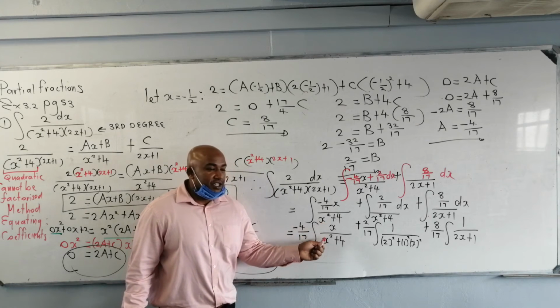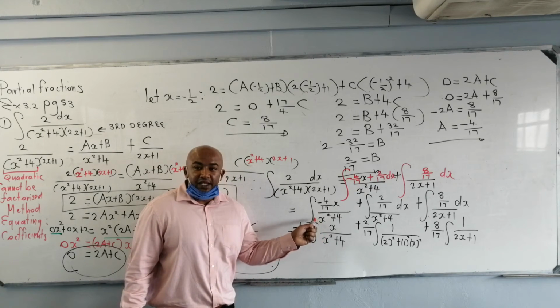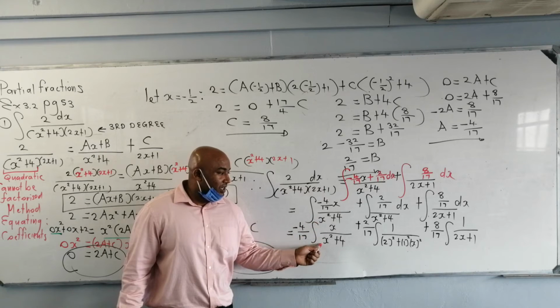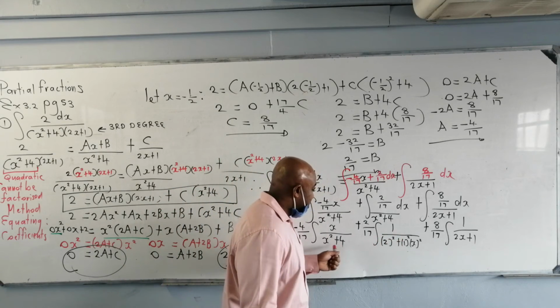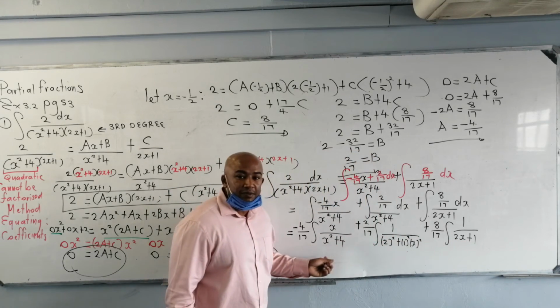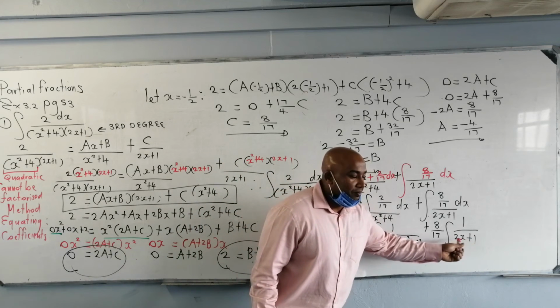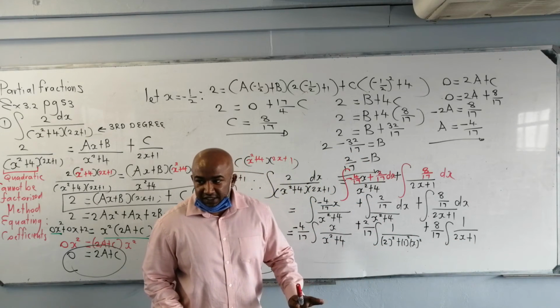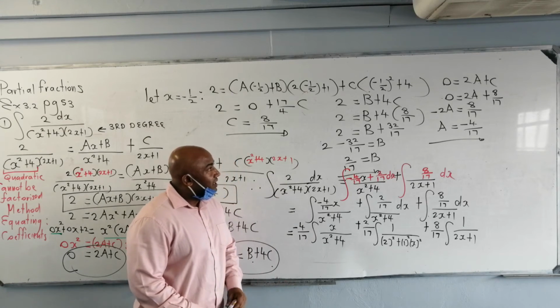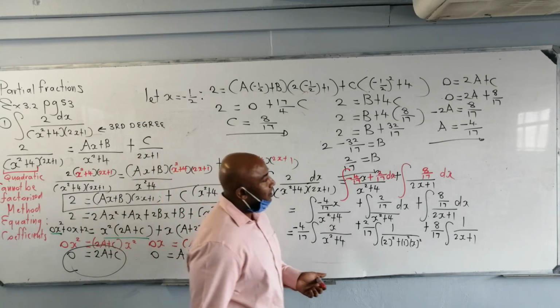This one here is a fraction where the numerator is an exact derivative of the denominator. These two here are the same type of integration. This one is different. Right, so what do I mean?